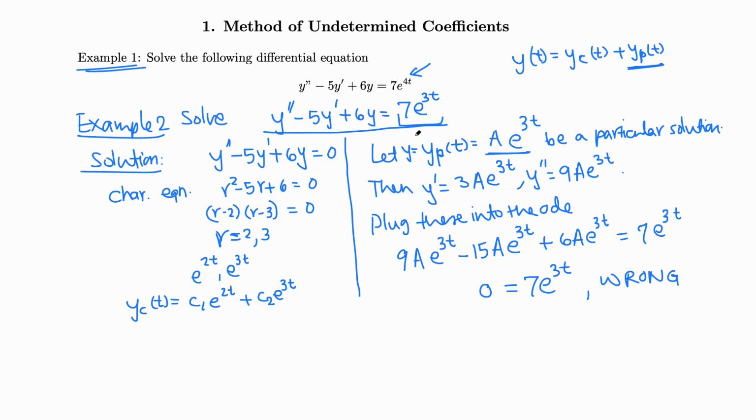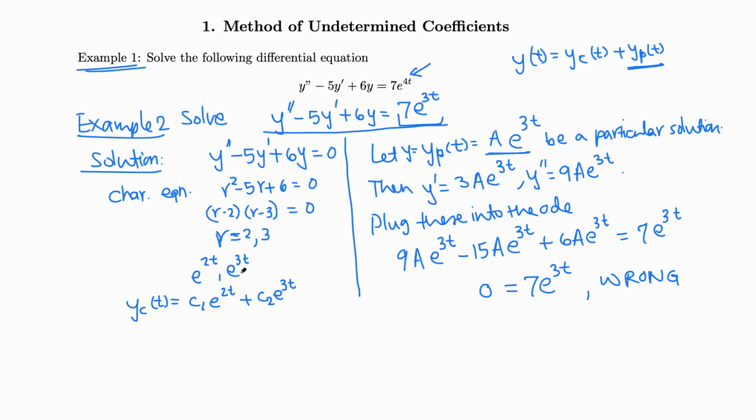But in example 2, the right hand side has e raised to 3t, and that is already a solution. That means we are supposed to get 0, because e^3t is a solution. When we plug into the left side, it's going to be 0 because e^3t is a solution of the homogeneous equation. So we need to modify our approach.